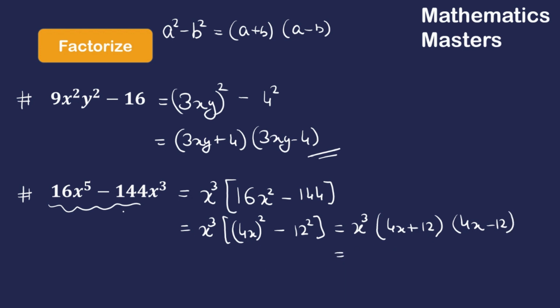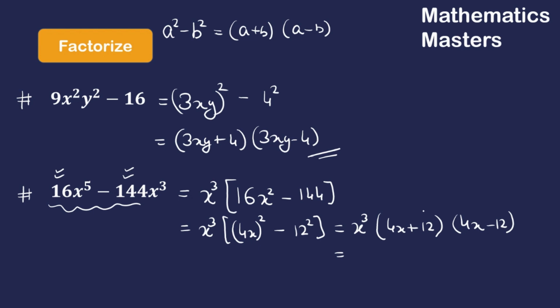Well, I just forgot one thing, that we can also take common the 4 as well. 4 can divide 16 as well as 4 can divide 144. Well, no problem. I can take common now. In fact, I can take 16 as the common. 16 can divide 16 as well as 16 can divide 144.